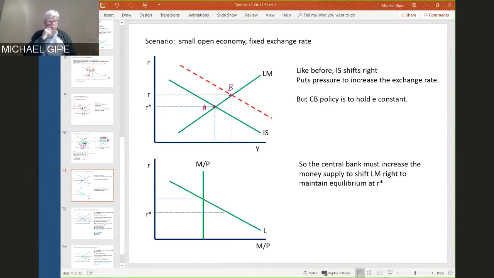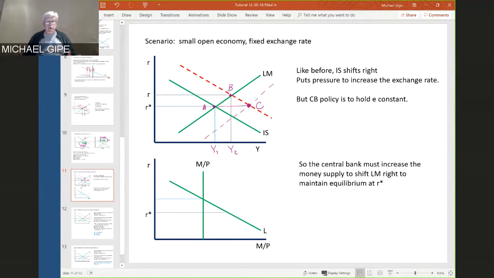So we're somehow going to have to bring the LM curve down so that we're back to the real world interest rate, which we cannot change. And we have to do that without changing the world exchange rate. And that's the idea of moving that LM curve.